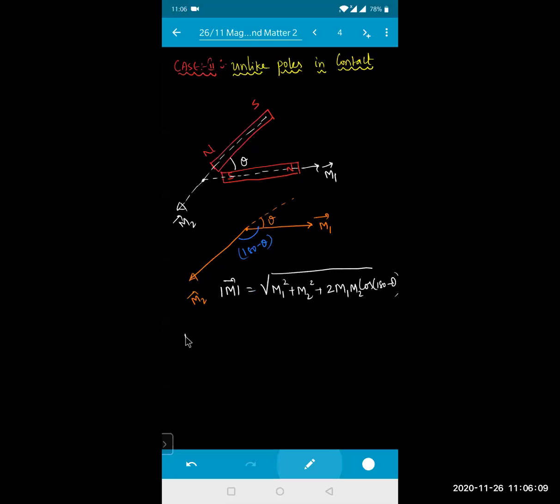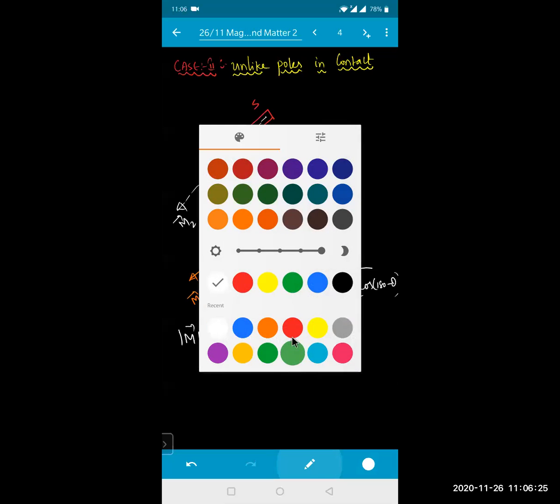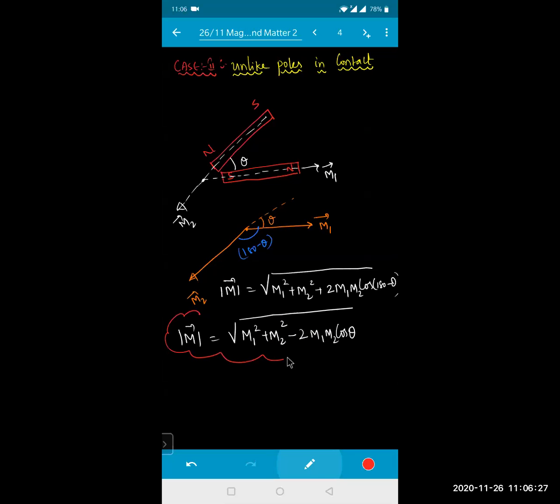Cos 180 minus theta in magnitude becomes minus cos theta, so it is under root of M1 square plus M2 square minus 2 M1 M2 cos theta. So this is the magnitude of the two vectors' resultant.